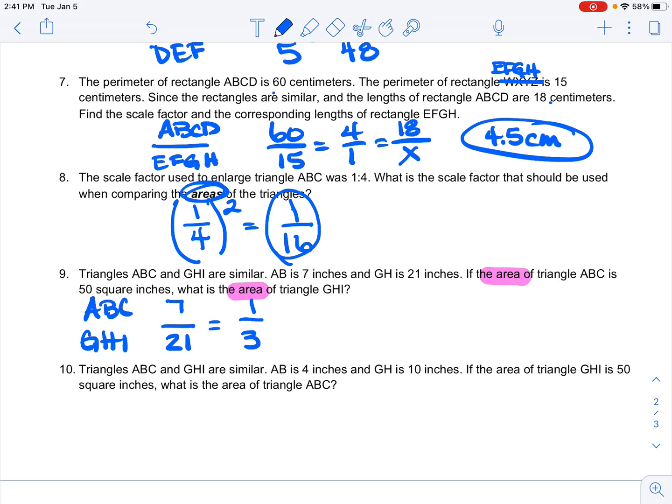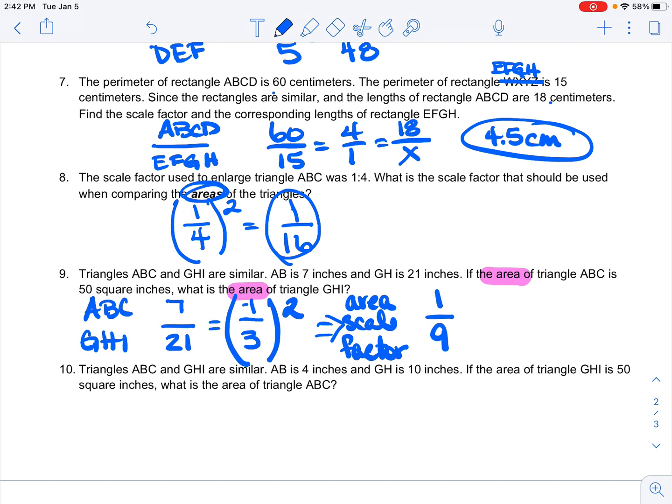It's not the scale factor for the area. What do I have to remember to do? I have to remember to square it. So to find the area scale factor, 1 squared is 1 and 3 squared is 9. The area scale factor is 1/9.